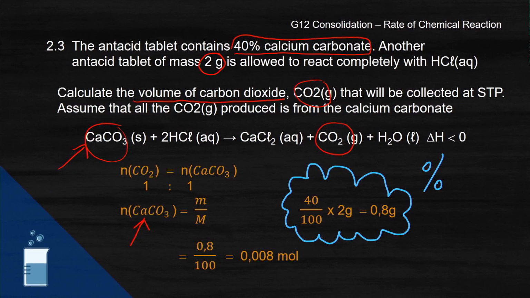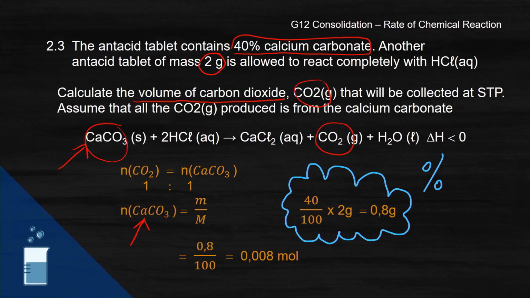So we have to calculate how much is 40% of that 2 grams. Here we go, I have done it in this weird cloud on the side. 40 over 100, which is 40%, times 2 grams gives me a result of 0.8 grams. That is the amount of calcium carbonate in the tablet that reacts.